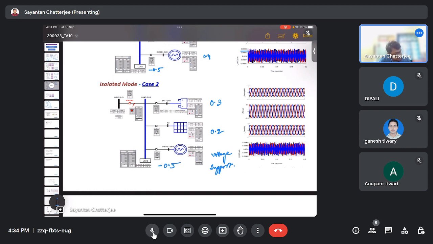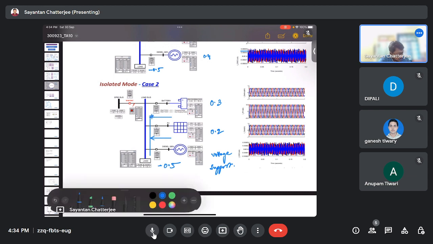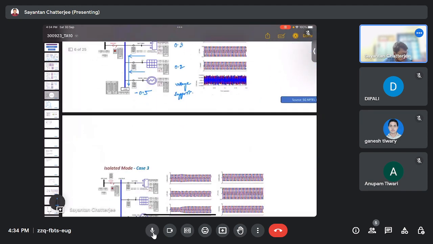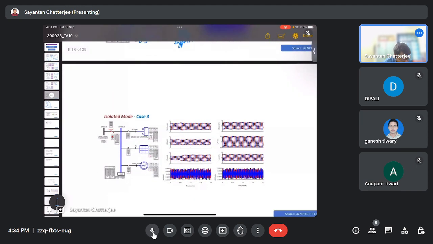So the power is being fed to the load side by the PV as well as the batteries.